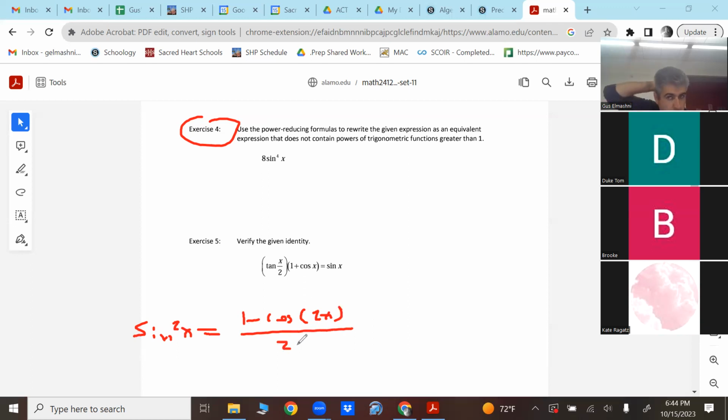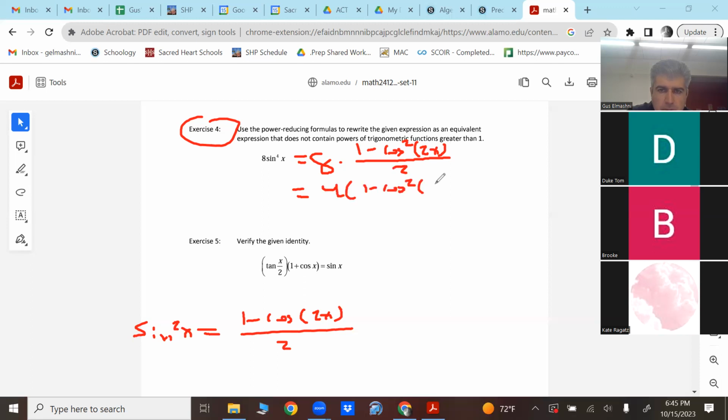And that's just rearranging the double angle formula for cosine 2x, right? So you can think of it as 8 times 1 minus cosine 2x, or 4 parentheses 1 minus cosine 2x. Then for the cosine squared, let me think about this one.